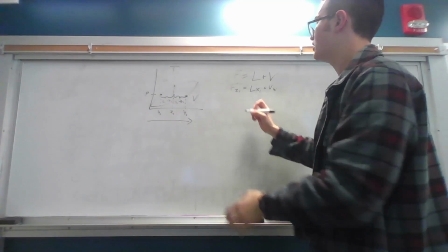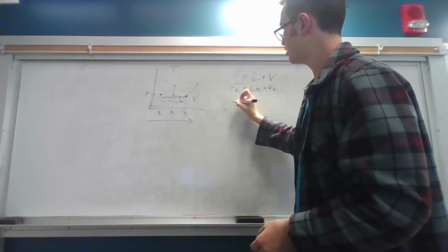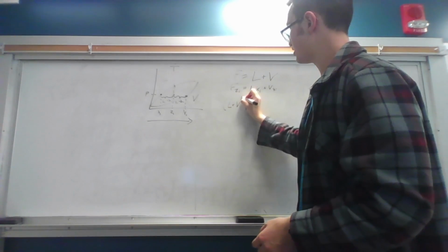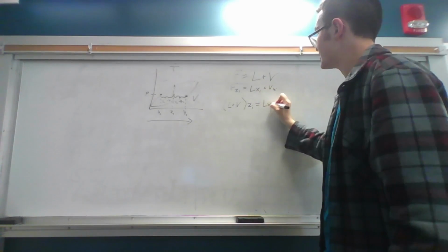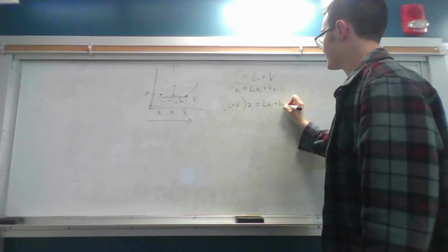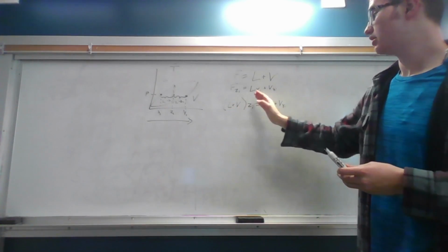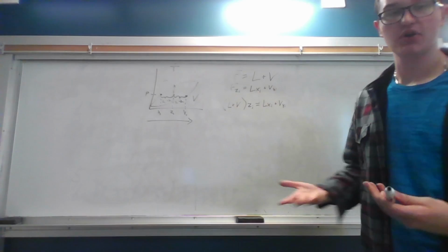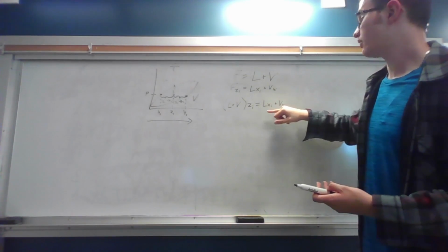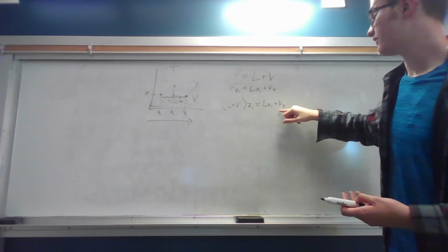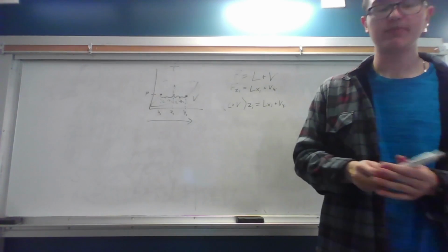We don't know F. So we're going to just substitute: L plus V multiplied by Zi is equal to L times Xi plus V times Yi. That means liquid plus vapor multiplied by Zi, the total moles of component i, is still equal to the total moles in the liquid phase of component i plus the total moles in the vapor phase of component i.